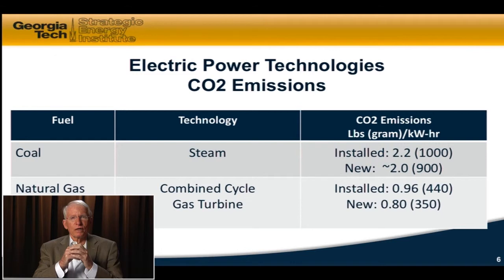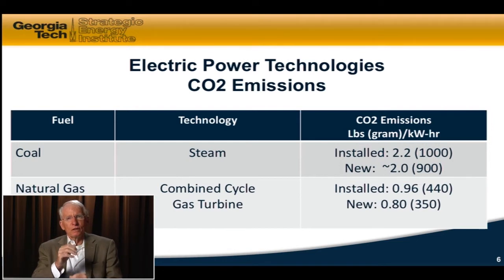When we go to natural gas, and I've only looked at combined cycle natural gas here because that's the dominant new technology that's been installed for the last several years, as well as the new stuff that's being installed now. There's very little, I don't know of any simple cycle gas turbines. I'm sure there are, but they're very, very few. Almost all of the plants being installed today are combined cycle, and almost all of the electricity generated from natural gas is coming from combined cycle gas turbines.